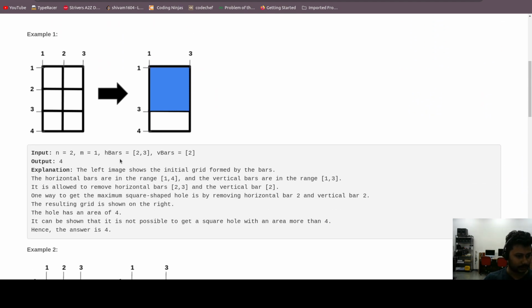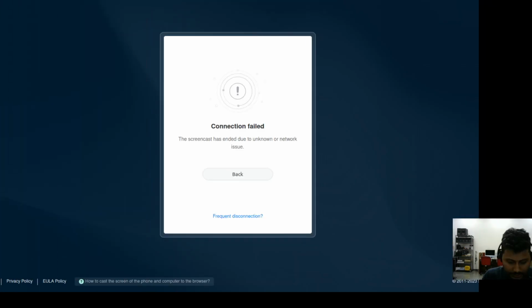In the question they will give you two numbers, n and m. So the question is like that.